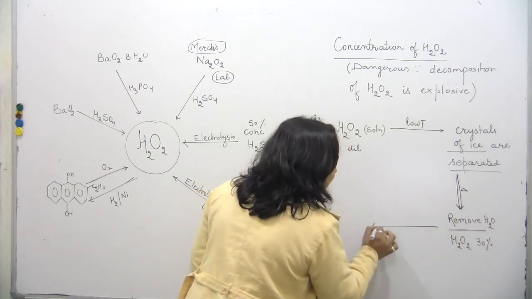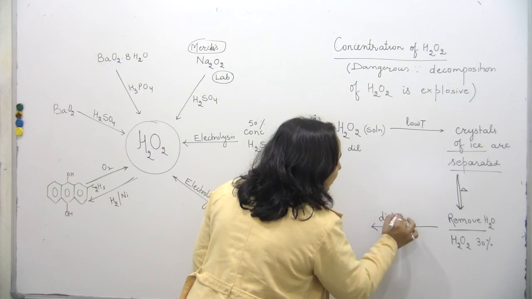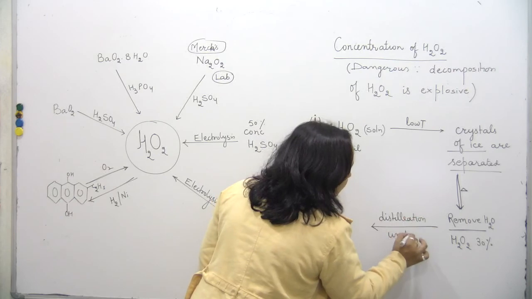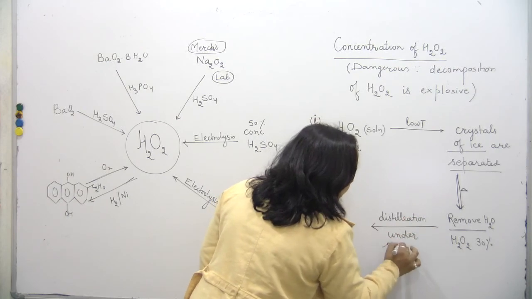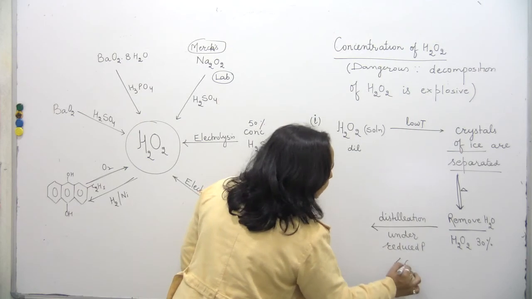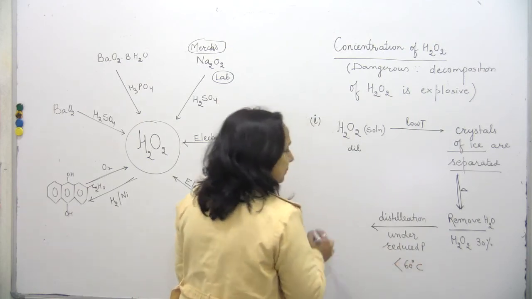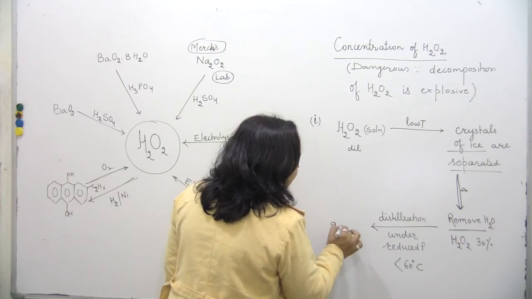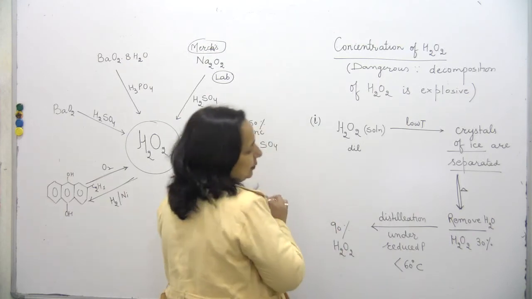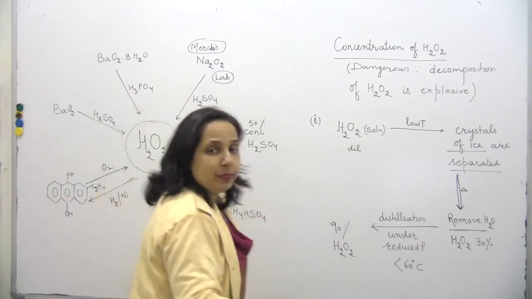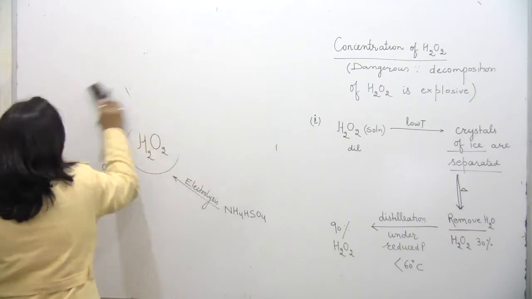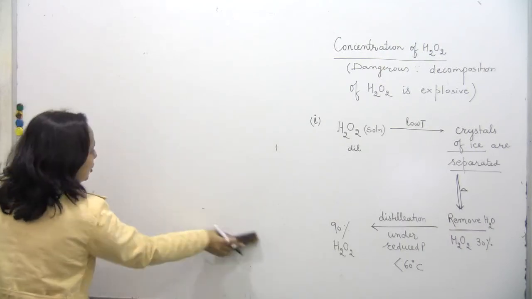Then distillation under reduced pressure. Temperature less than 60 degrees Celsius is to be given. And we get about 90% pure hydrogen peroxide. If you want to have further purification, you want to have still pure hydrogen peroxide, then you have to freeze the mixture.